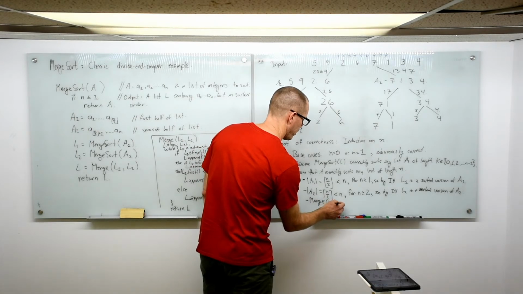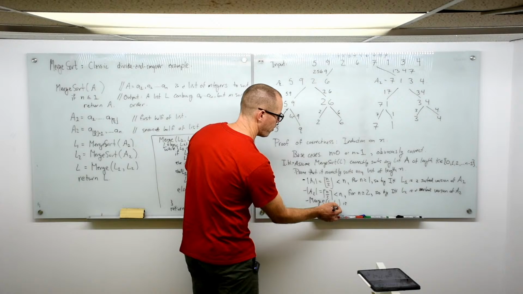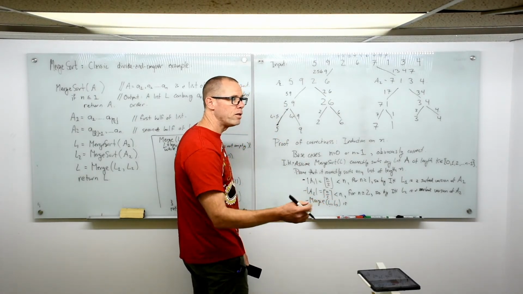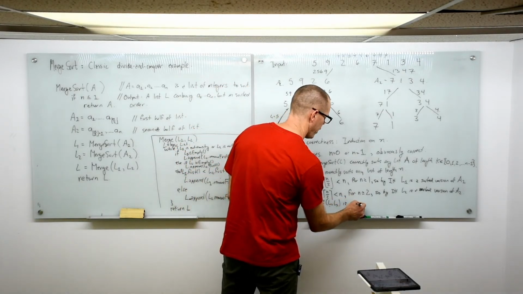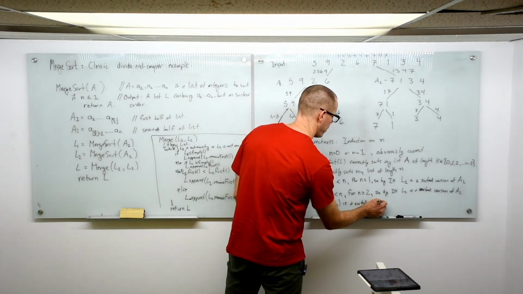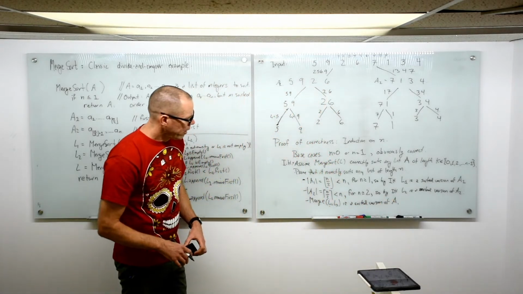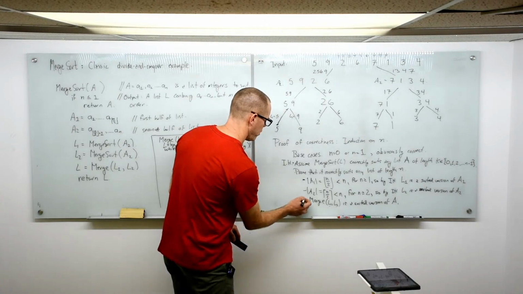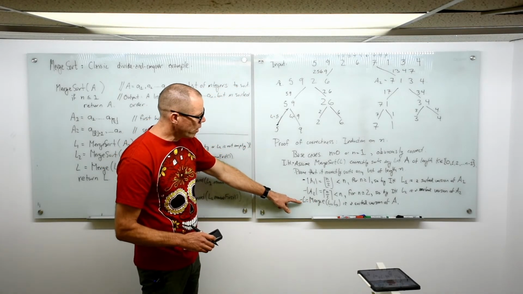So L1 is a sorted version of A1, L2 is a sorted version of A2. A1 followed by A2 is all of A, so that means that the merge is a sorted version of A. And the result of this, which we call L in the code, is what gets returned.